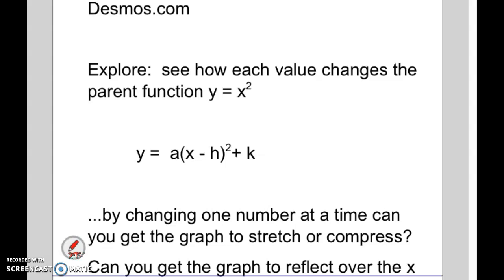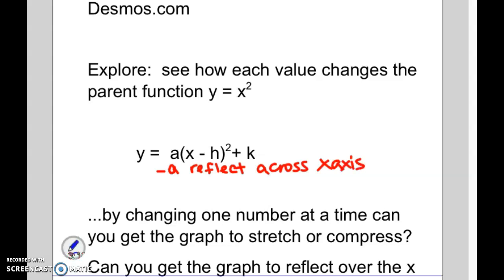Look at this. All right, a few things to take note is that if we have a negative a, it's going to reflect across the x-axis.